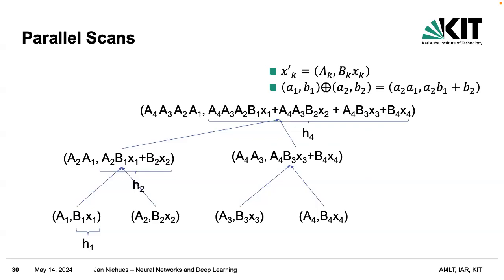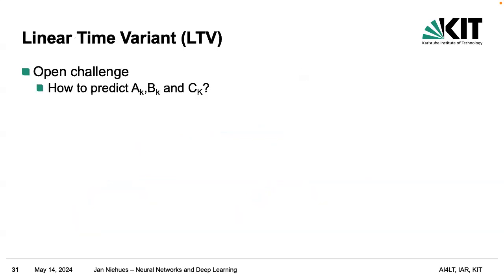Could you sit down in PyTorch and implement this? I guess one thing which at least wouldn't be completely clear to me is still how do we calculate this AK, BK, and CK?